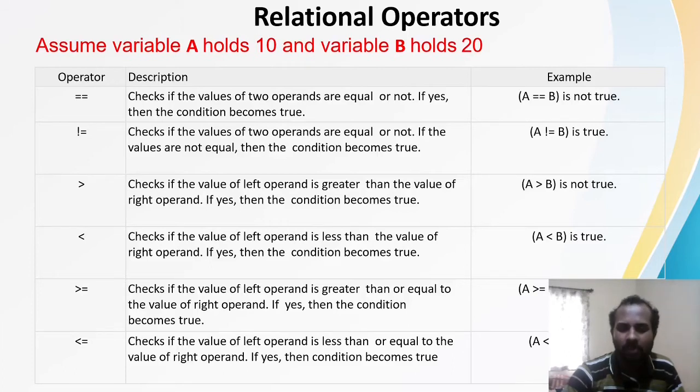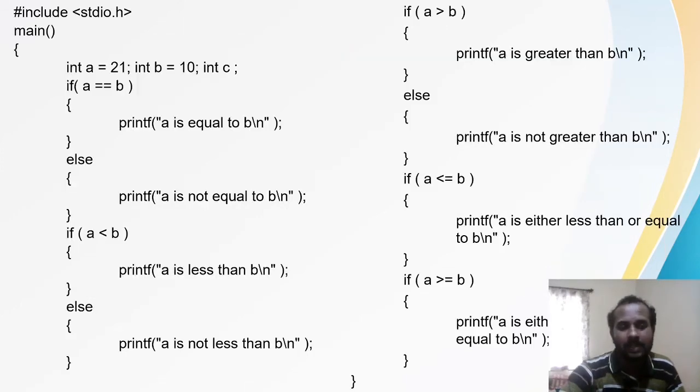So it is going to hold the value true. In this example also, I have initialized the value for the A and B at the declaration time only, and I have declared the C also, and all the variables are of integer type.